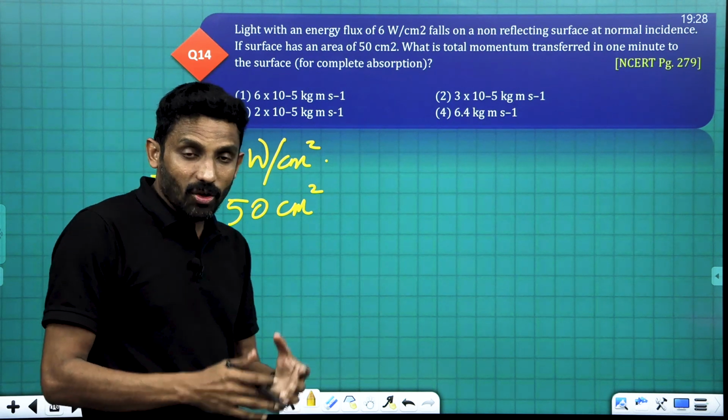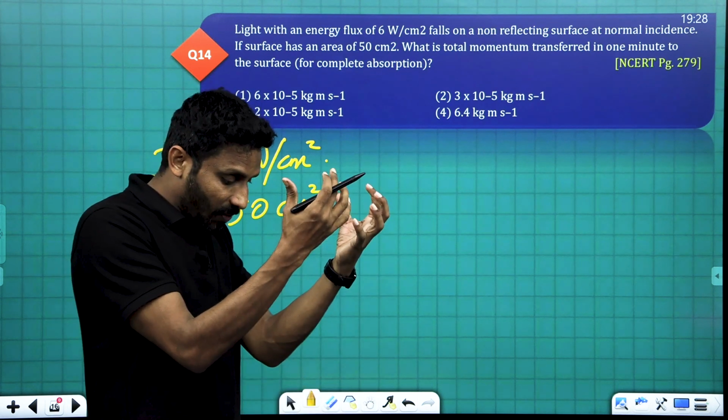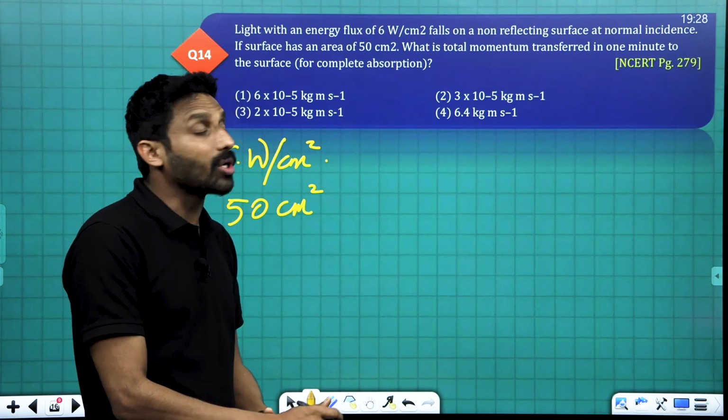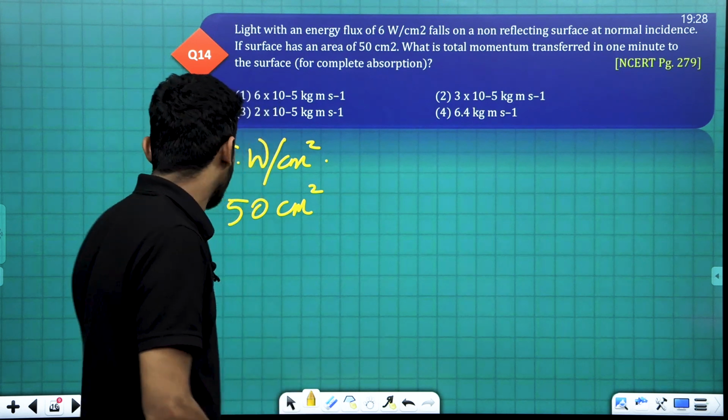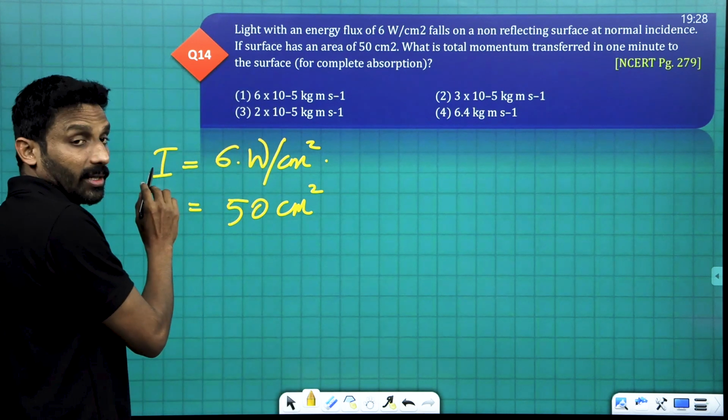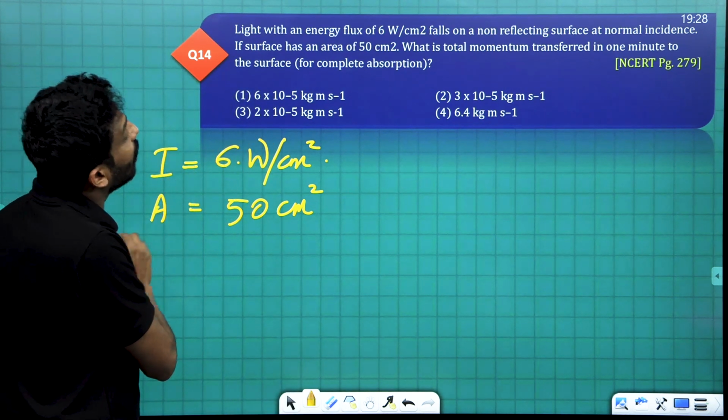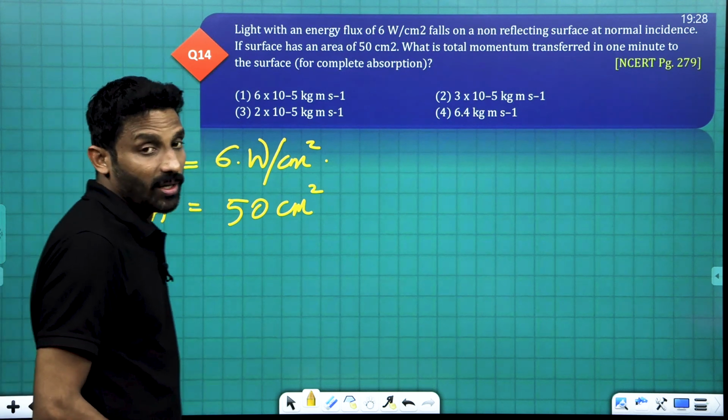In the case of complete absorption, what is the total momentum transferred? You have the energy density and the area of the surface.